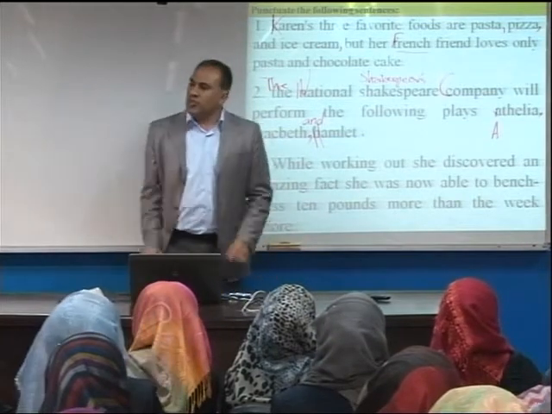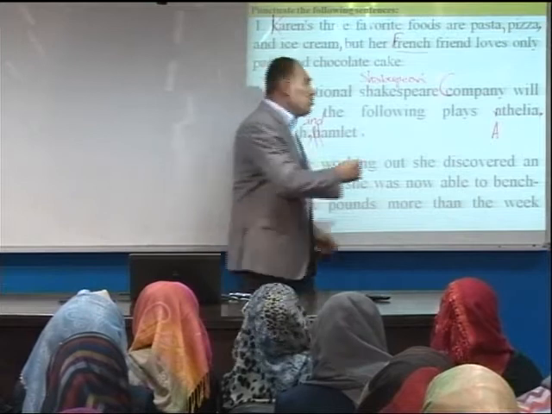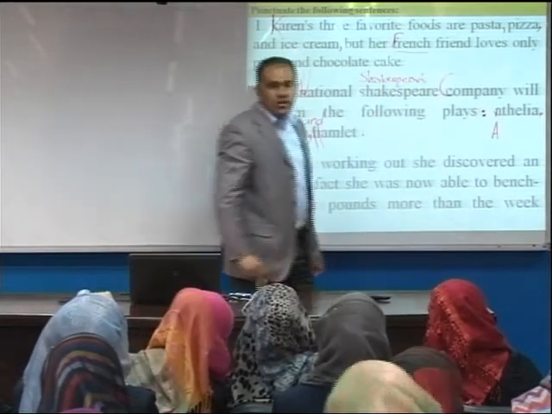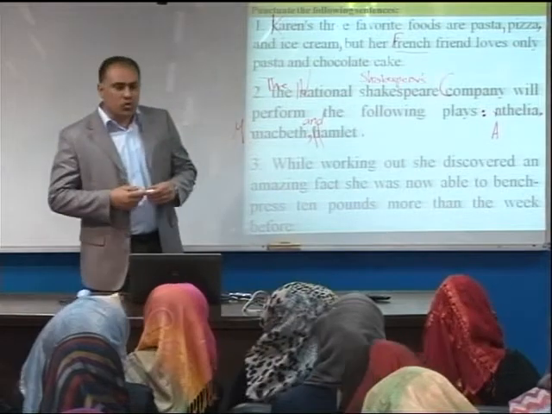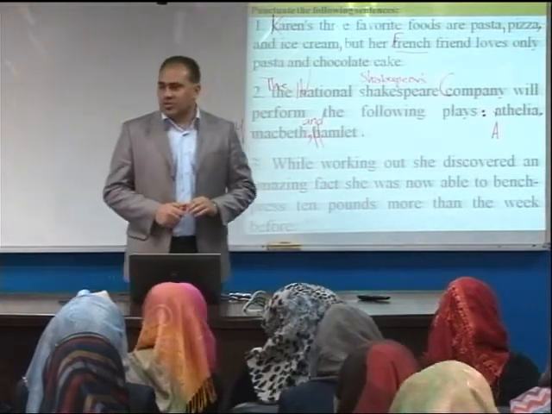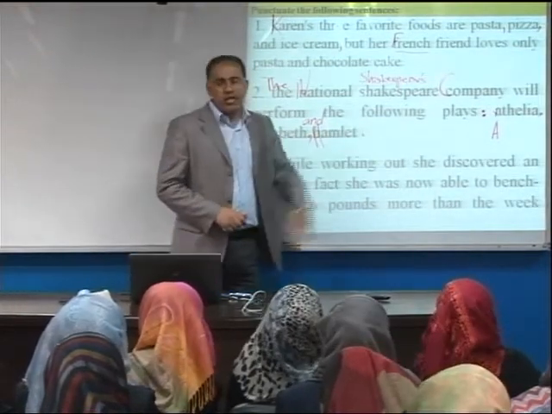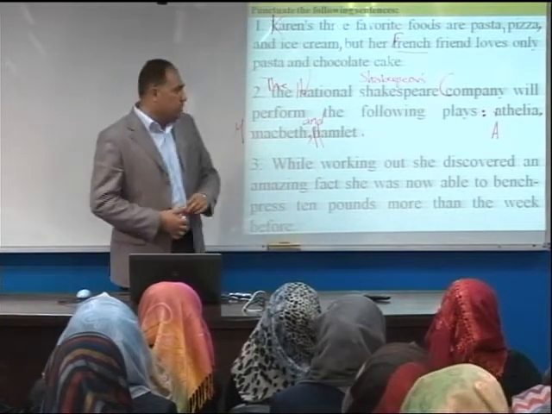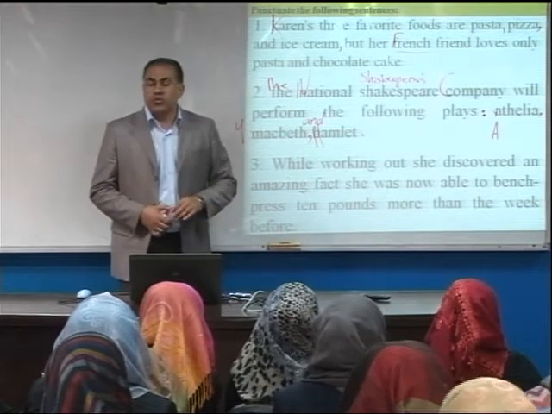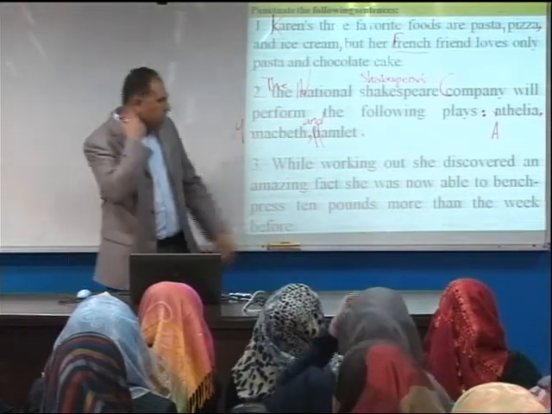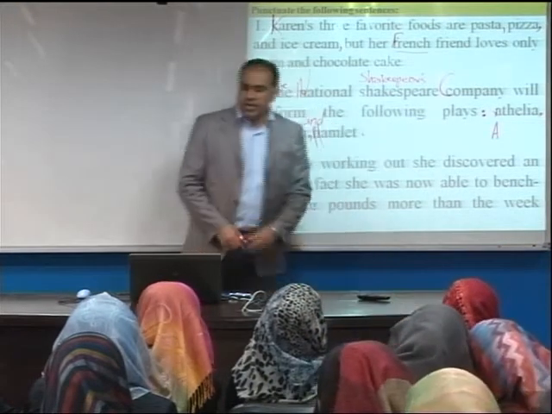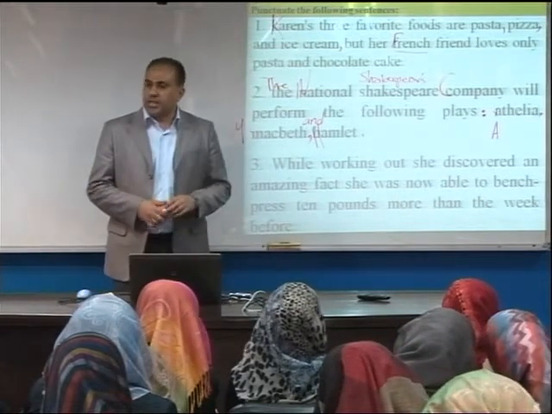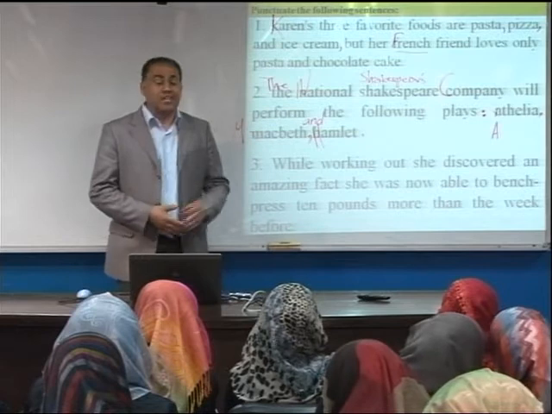Now, you forgot the colon. You should review the rules on using colons, because I'm introducing a list of things, so you have to put the colon here. Capital letter, capital letter, capital. Don't forget that.